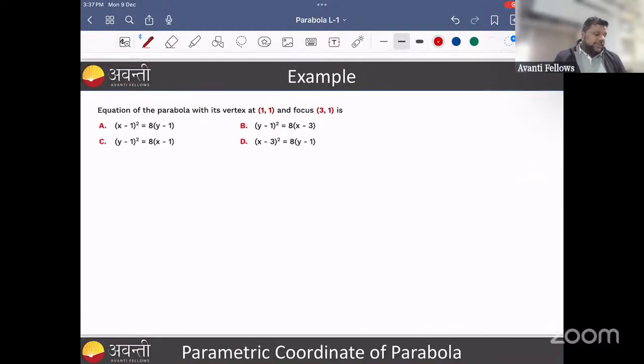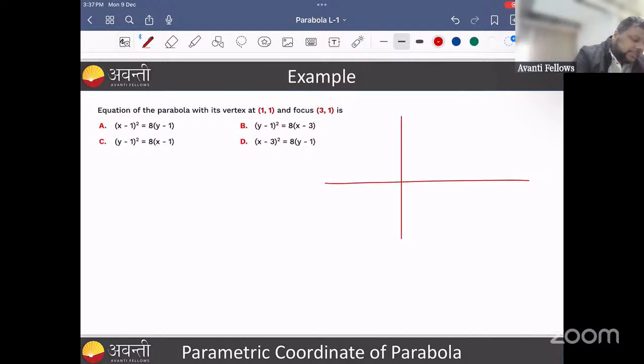Now, find the equation of the parabola with vertex at 1, 1 and focus at 3, 1. First of all, in such cases or in any question in coordinate geometry, just draw a diagram and make it as neat and clean as you can to get the best idea. Now see, this is 1, 1 and this is 3, 1.